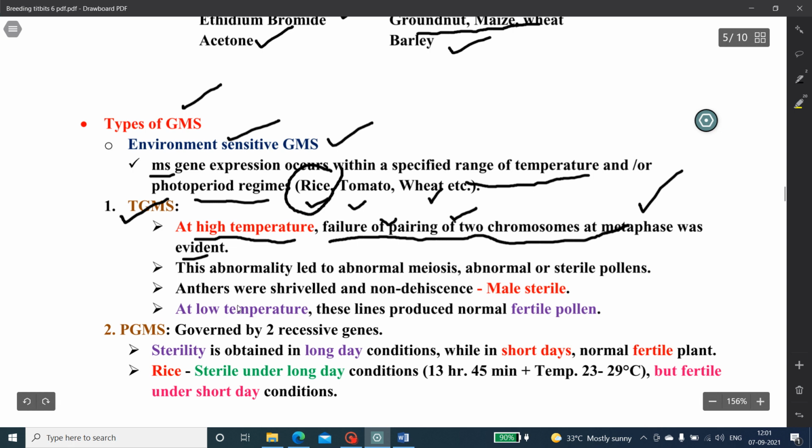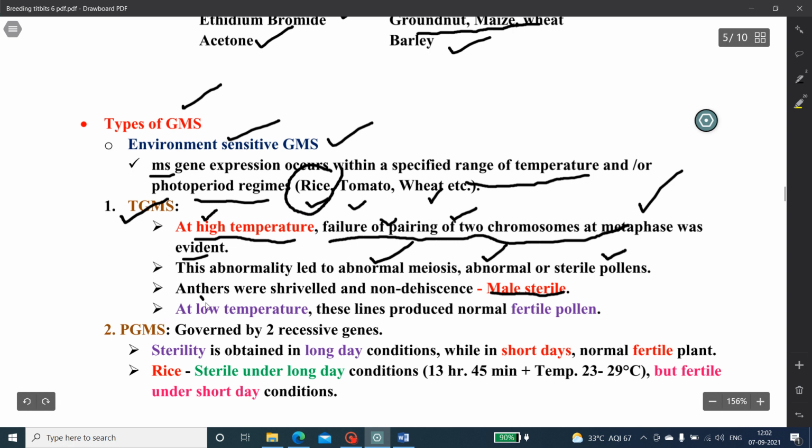So this abnormality leads to abnormal meiosis and abnormal or sterile pollen. So if there is high temperature, the sterility mechanism occurs. And the anthers are shriveled and non-dehiscent in this type of male sterility, which is influenced by high temperature.